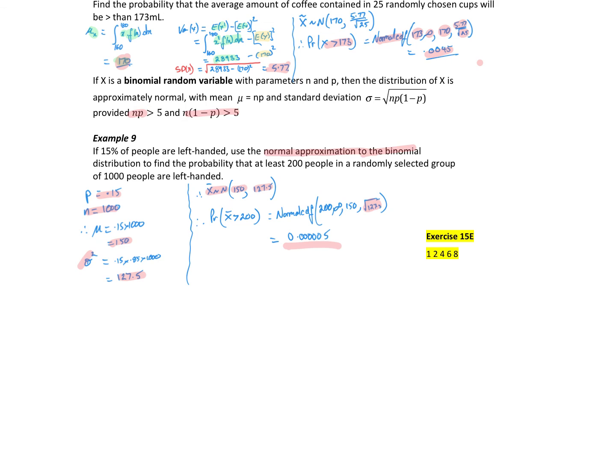What we're doing really here, it saves us from having to do binom CDF. What do we do? We've got 1,000 trials. Probability of success is 0.15, and I want from 200 to 1,000. Okay, that's what that is an approximation to. All right, so it's a slightly different question.